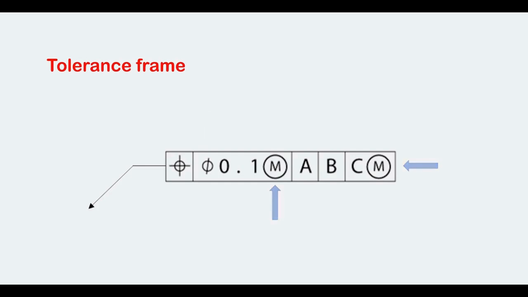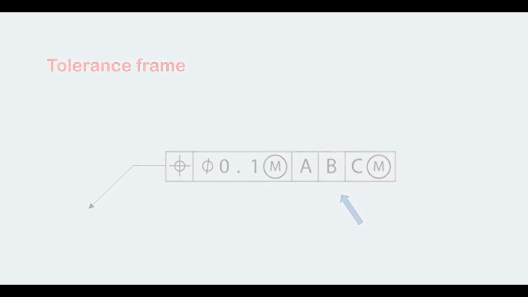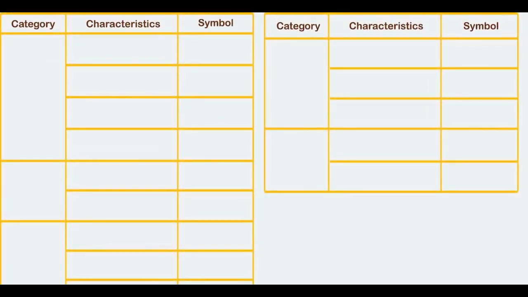The symbols used in this tolerance frame can be divided into 5 categories, namely form, profile, orientation, location, and runout. These symbols are standard, that means they are used all over the world. Under the form category, there are 4 symbols, which, as the name suggests, describe the form of the part of the workpiece.